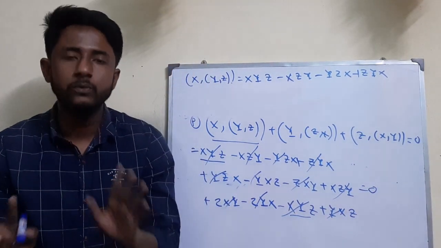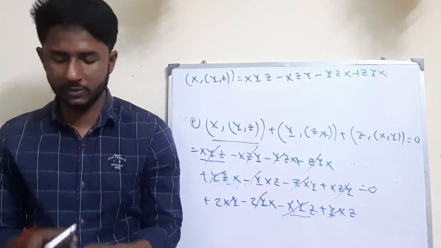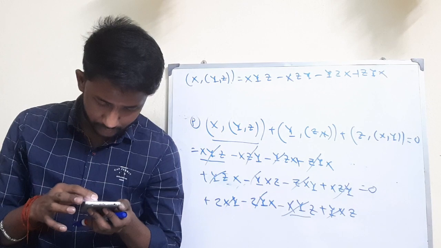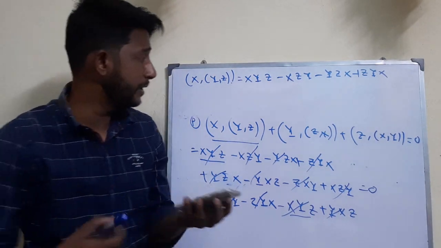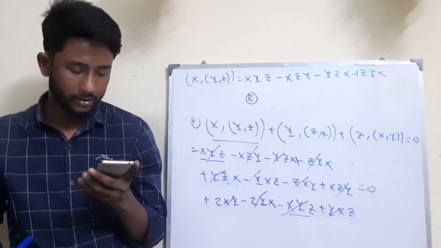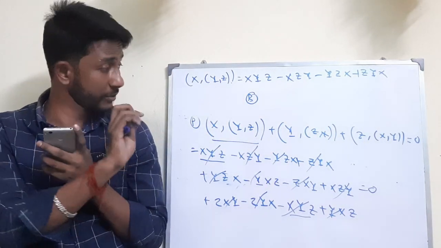So P is true, Q is false. That is option B, so option B is our required option. This is again a question of 2 marks. It was a very easy question, right?